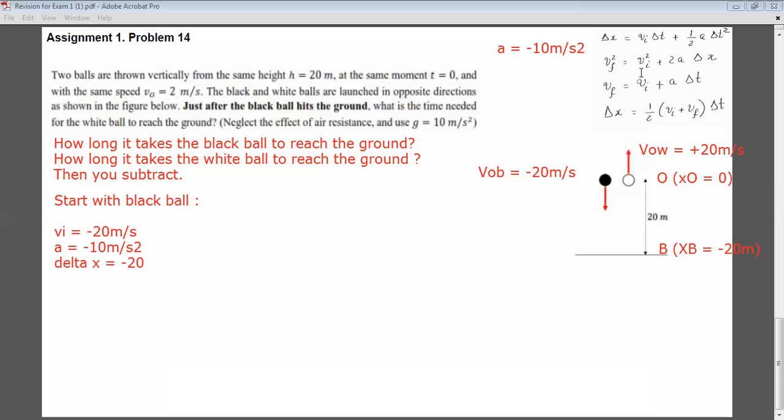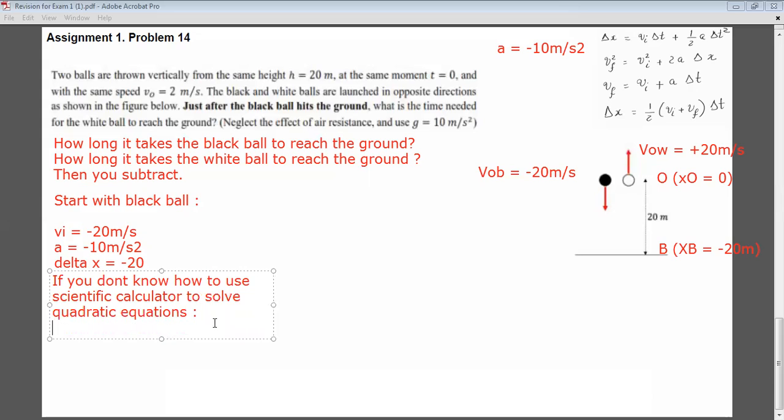The other way I do it, if I don't know how to use a scientific calculator to solve quadratic equations, then the way I will do it, because notice, if I come to the first equation, delta x I have, the initial velocity I have, acceleration I have, but here I have delta t and here I have delta t squared.